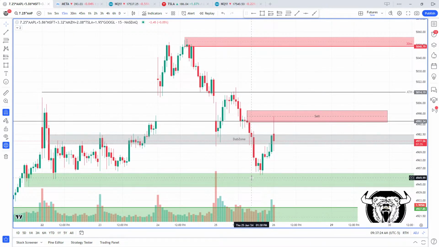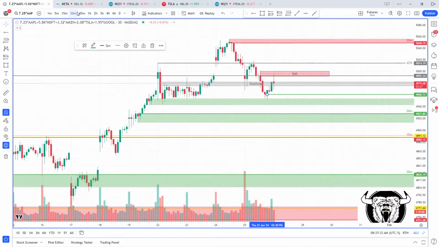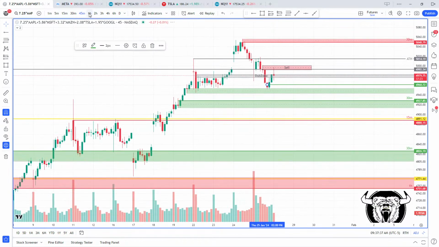And I do see a bit of a demand zone over here. A demand zone formed off of another demand zone, right? So this zone was a 30 minute. This is a 30 minute, right? Nope, 45. And look, we held it once, twice, 3 times, 4 times we held this demand zone, right? So supply and demand, it works sometimes, it doesn't work sometimes. Everything works sometimes and doesn't work sometimes.